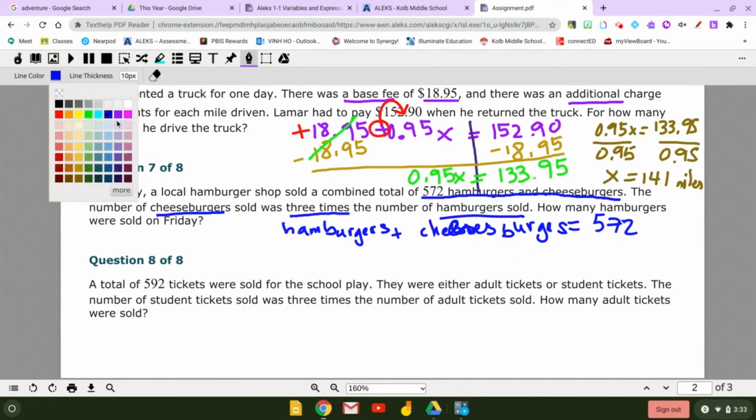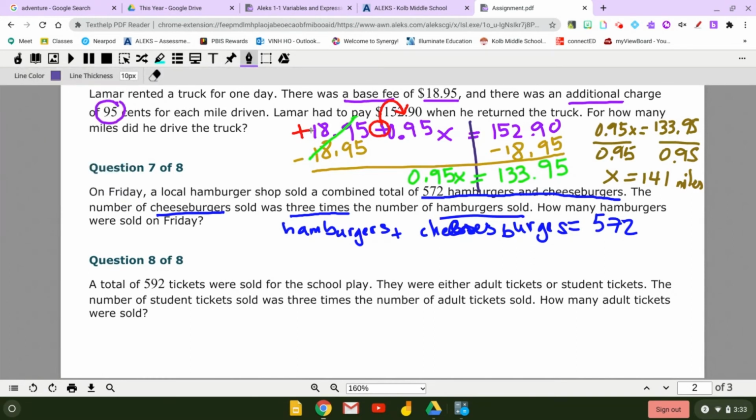Let's say I want to use a variable for this. Let's say hamburger is X amounts and cheeseburger is Y amounts, equal to 572. And we know that cheeseburger is 3 times the number of hamburgers.